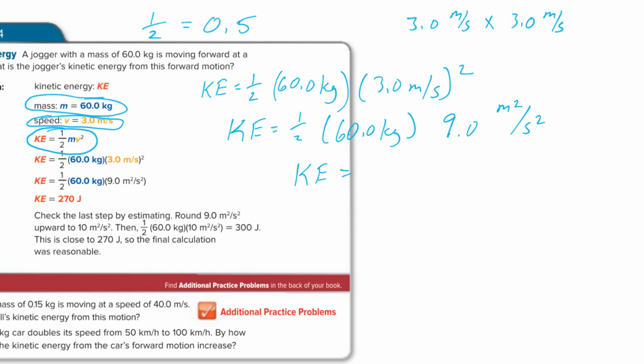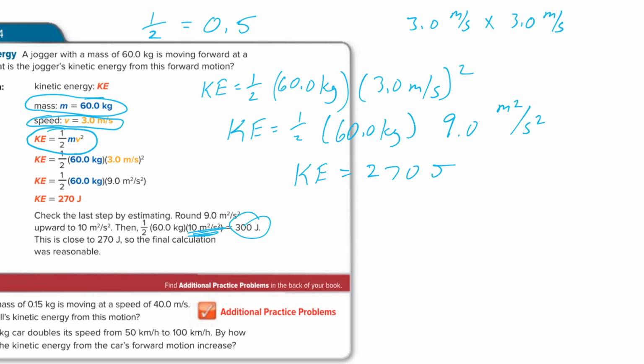If we put that in a calculator, what you should end up with is 270 joules. What they've done here is they've rounded this off to 10 meters per second, and that's where that 300 came from. So that's really all you're doing, just plugging these in.